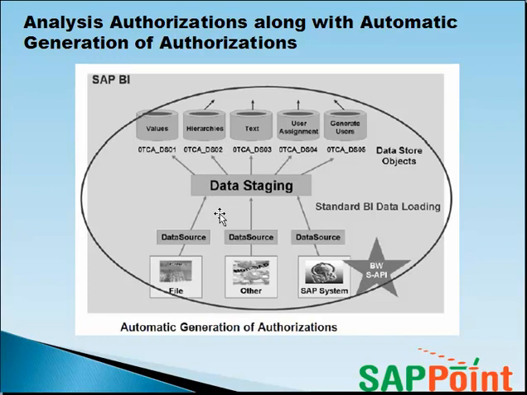Now, how do we activate the business content and load the data store objects? We do that using the transaction RSA1, and you can generate the authorizations using the transaction RSECADMIN.